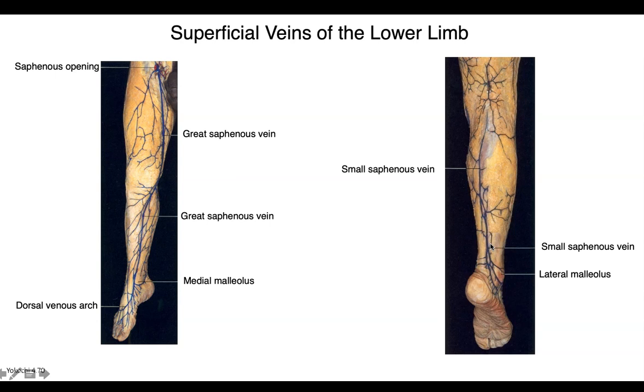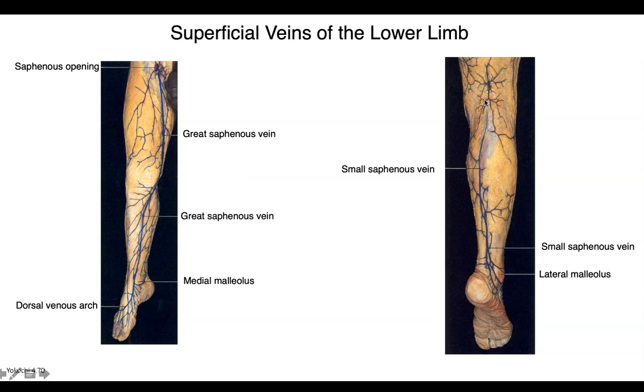Then the small saphenous vein courses through the posterior aspect of the leg, pierces the deep fascia, dives down in the popliteal fossa, and empties into the popliteal vein within the popliteal fossa.